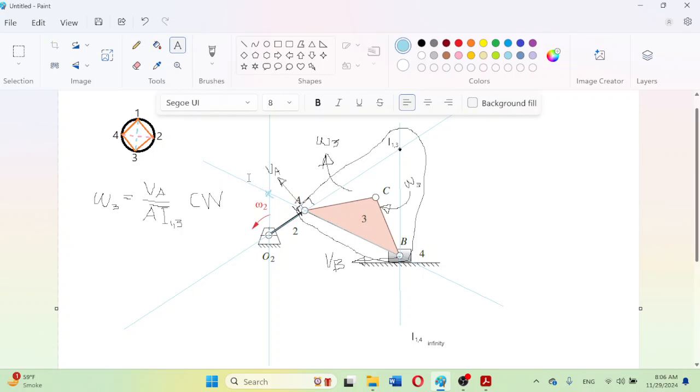So this will be the instant center I 2 comma 4.